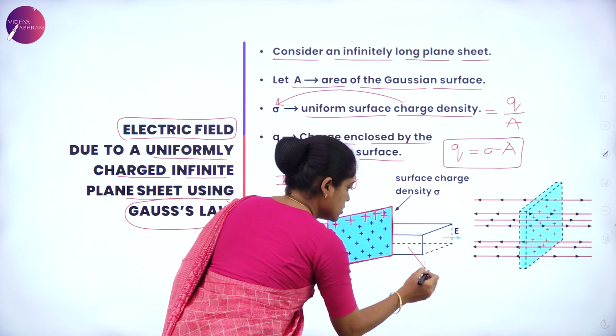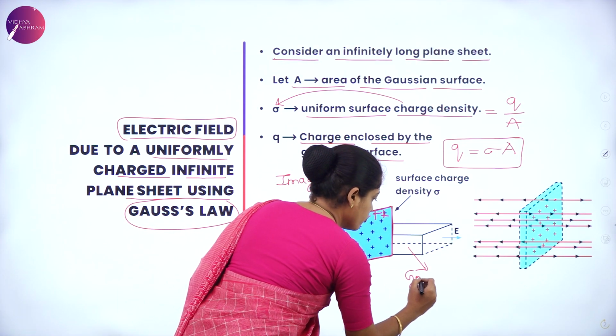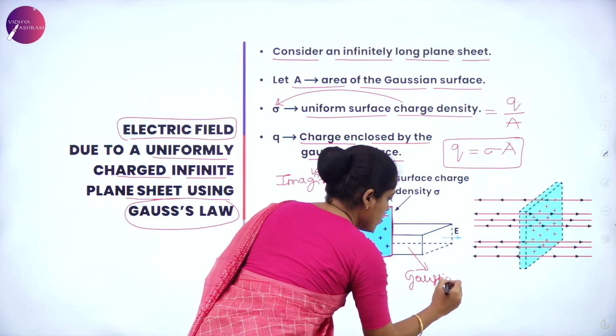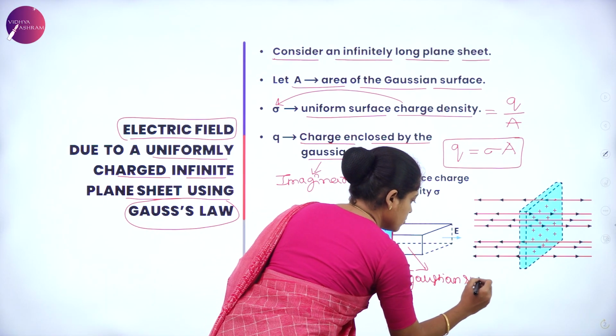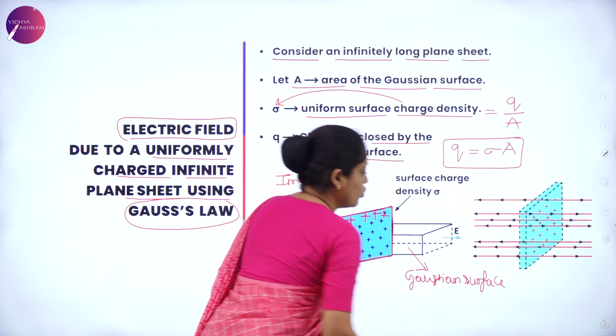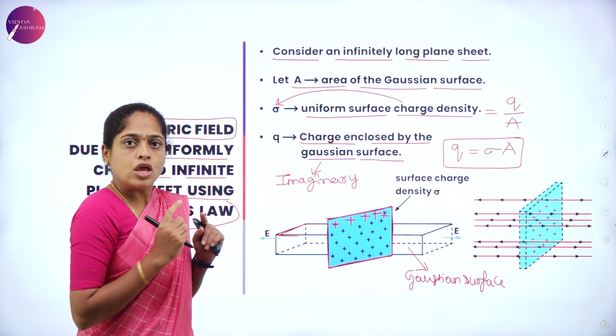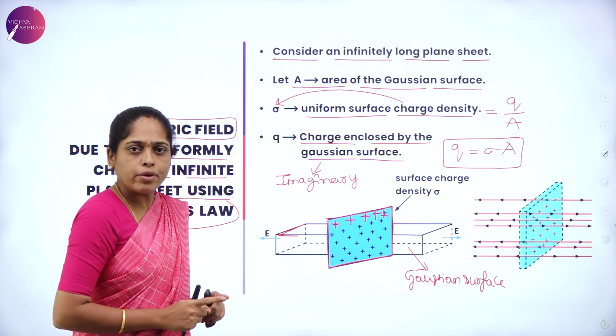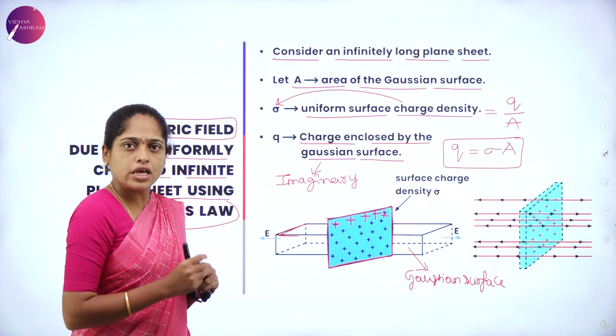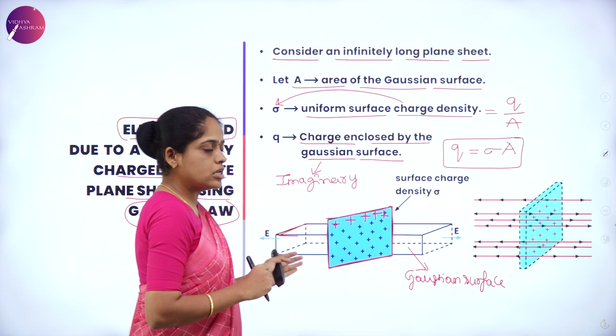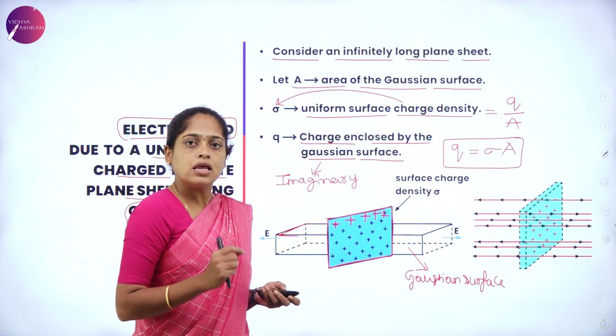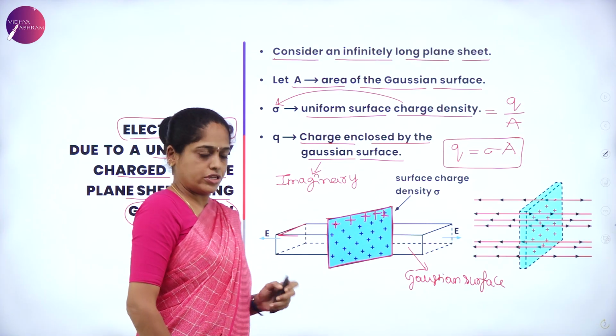So this is the Gaussian surface, which is an imaginary surface. To calculate the electric field using Gauss law, you have to imagine an imaginary Gaussian surface. Here the suitable one is the cylindrical Gaussian surface.